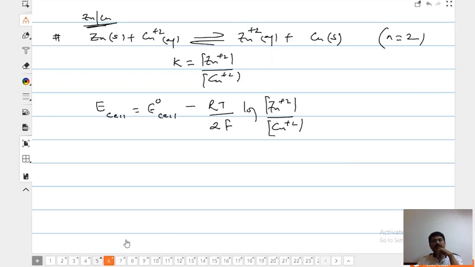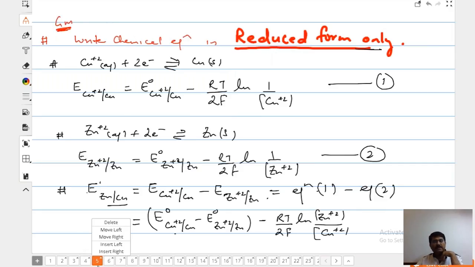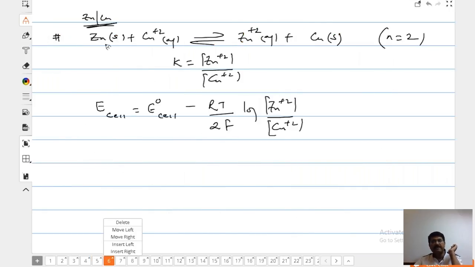Now listen, either you follow this method: you first write the Nernst equation for one half cell, then write the Nernst equation for another half cell and subtract 1 minus 2. Or you simply write this type of equation, you calculate K. Or you take the Guru Mantra route.